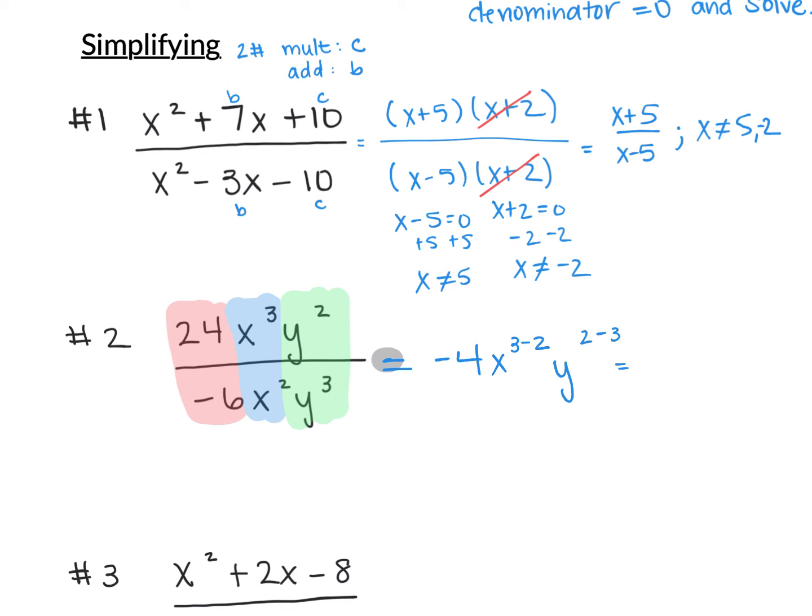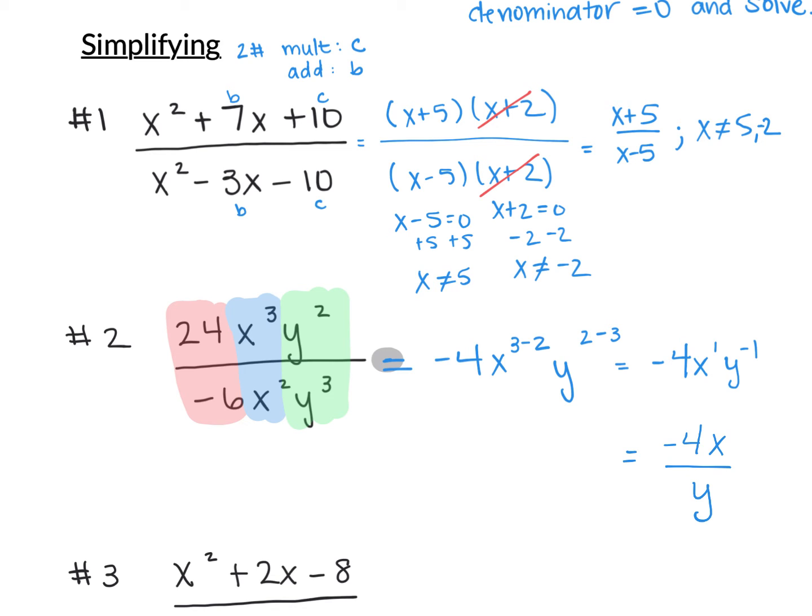Okay, if we simplify that further, we have negative 4x to the 1, y to the negative 1. Now we don't like negative exponents, so that will have to be moved to the denominator. So if we simplify that one last time, we will have negative 4x. We do not need to write to the power of 1, that is implied, divided by y. We do not have to write to the power of 1, that is implied.